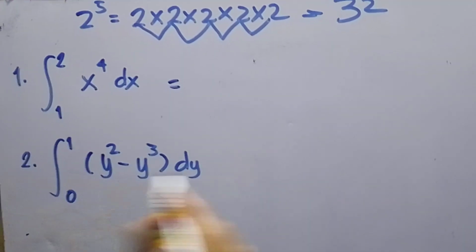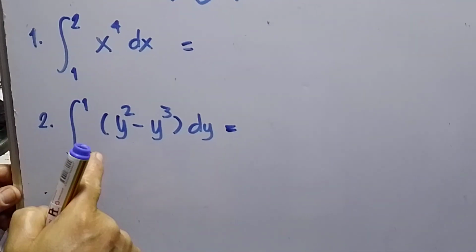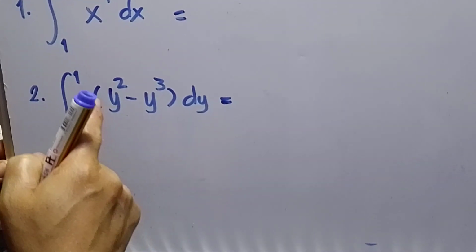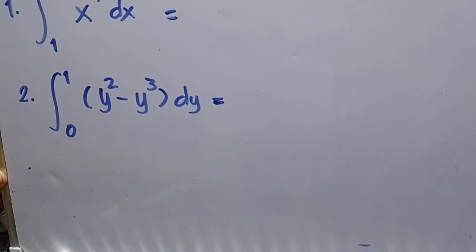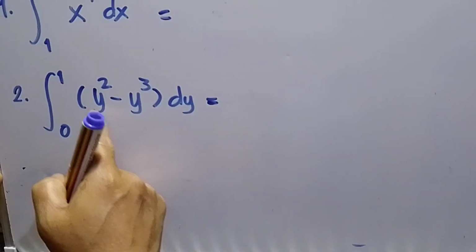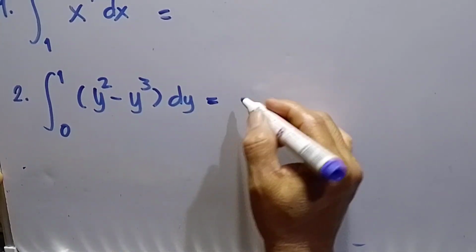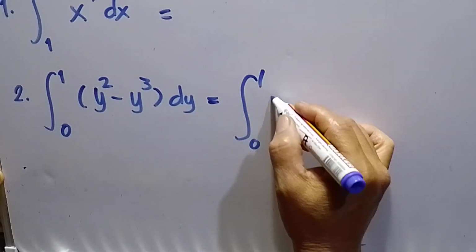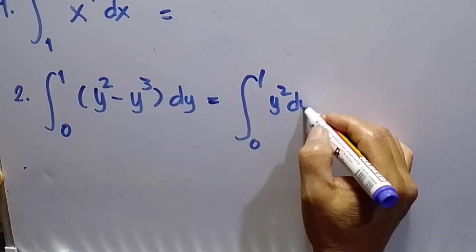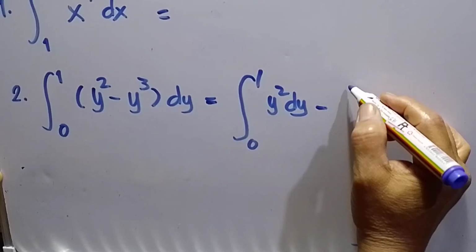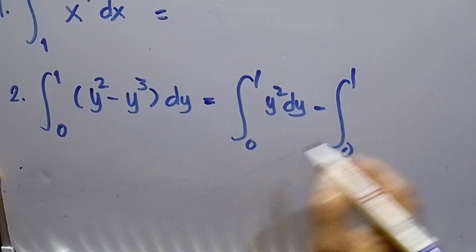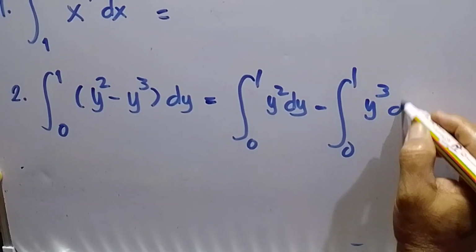Number 2 is the integral from 0 to 1, my function is y squared minus y cubed dy. So I need to integrate individually. This will be the integral from 0 to 1 of y squared dy, minus the integral from 0 to 1 of y cubed dy.